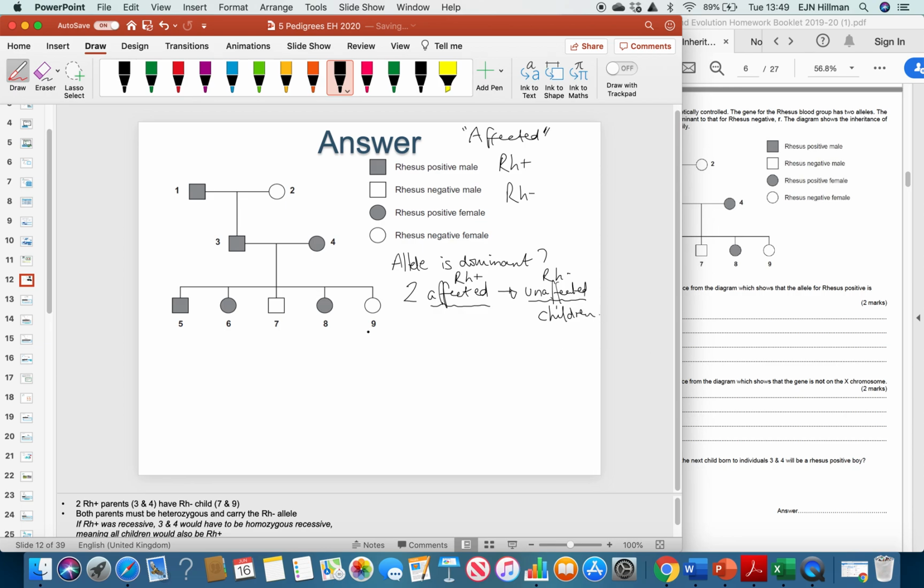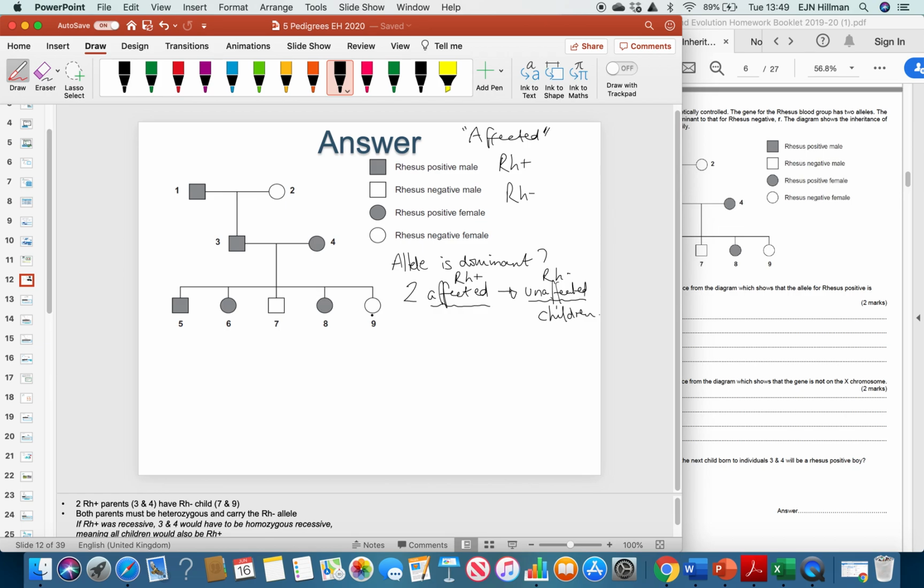We can see in this pedigree that 3 and 4 are both rhesus positive. They've got the shaded in circles, 3 and 4. They produce 2 offspring, 7 and 9, who are rhesus negative.